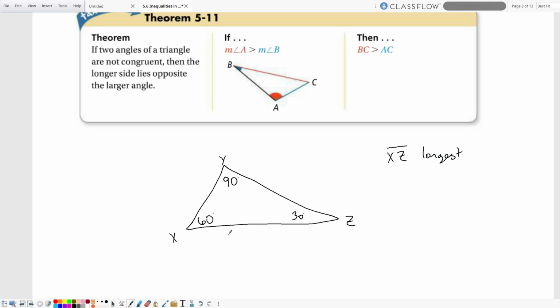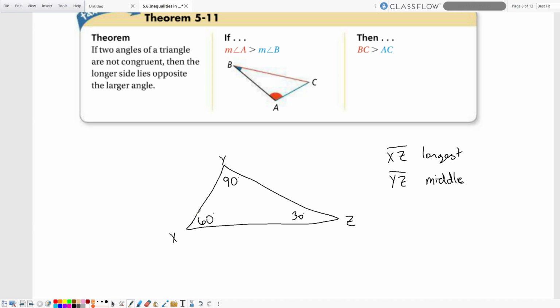Then if I want to find the second longest, well, 60 degrees is the second largest angle. So across from 60 degrees is YZ. So that means that YZ should be the middle. And then finally, 30 degrees is the smallest angle.